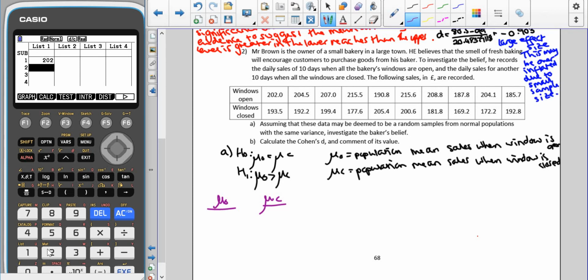So 202, 204.5, 207, 215.5, 190.8, 215.6, 208.8, 187.8, 204.1, 185.7. Again, double check that you've entered those values correctly into your calculator.